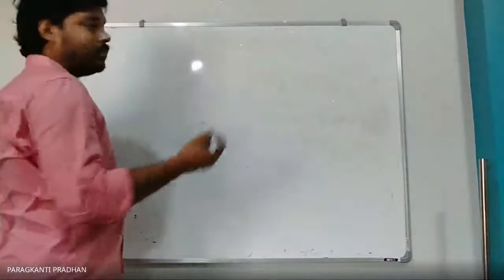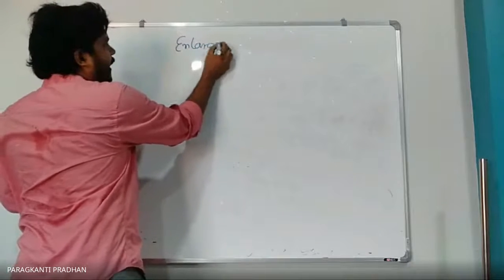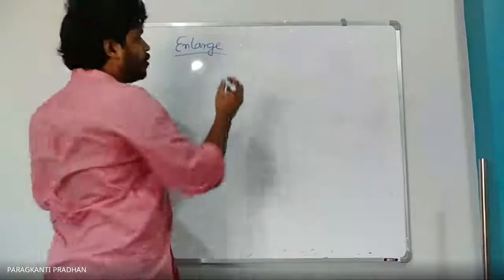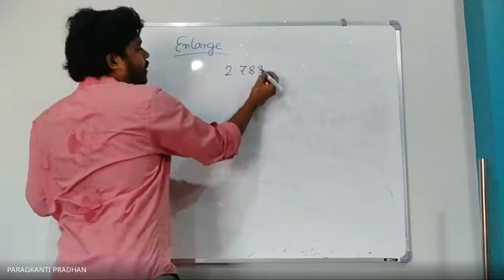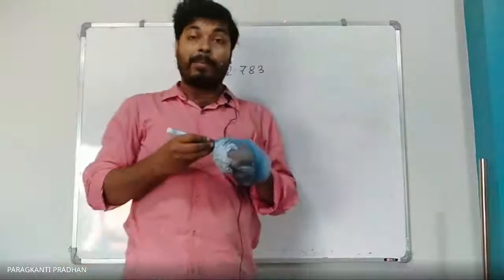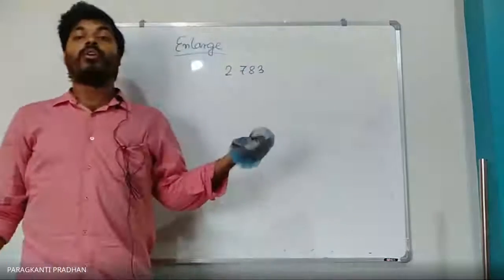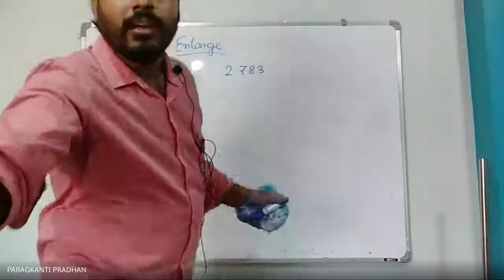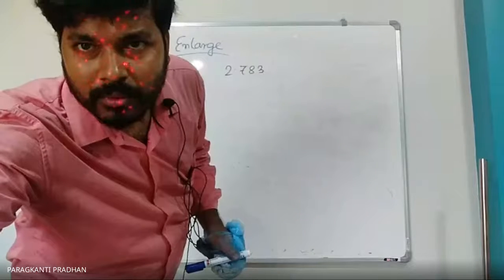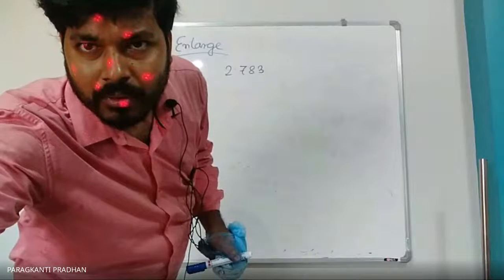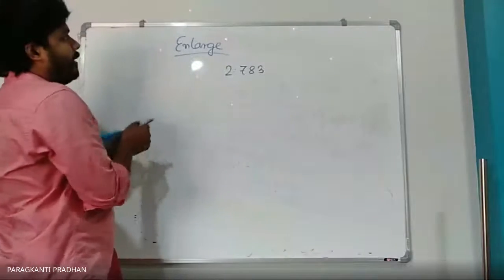Next, enlarge, that is magnifying. Suppose 2.783, you have to represent this number on the number line.